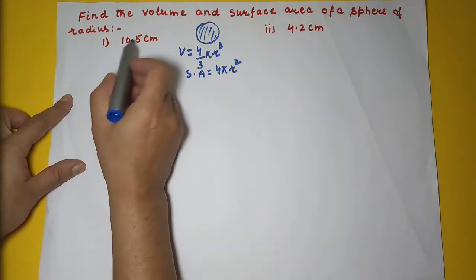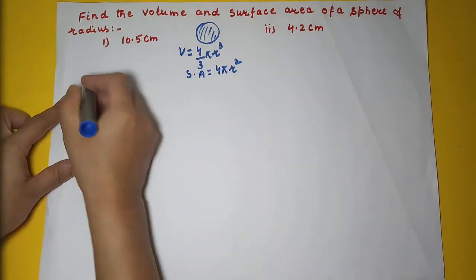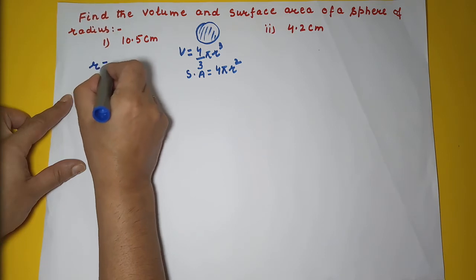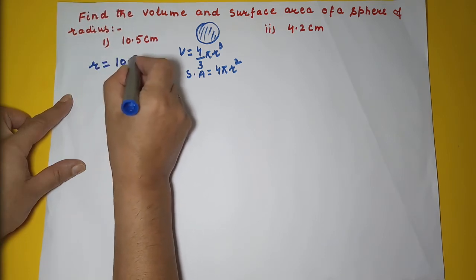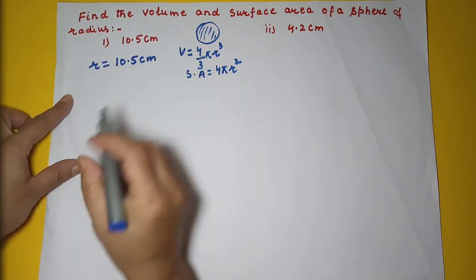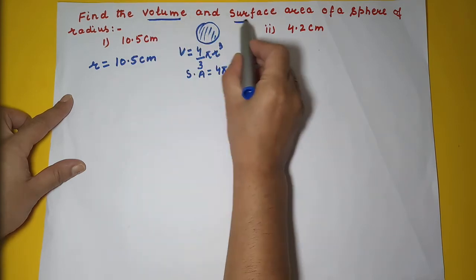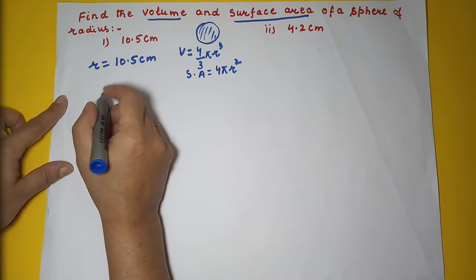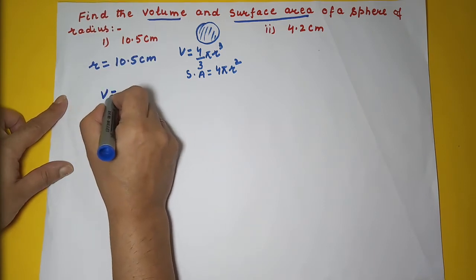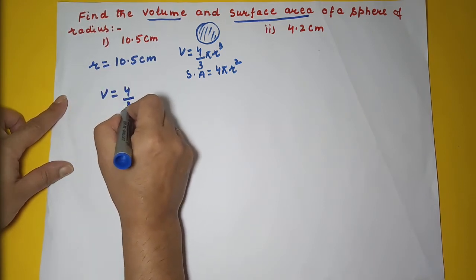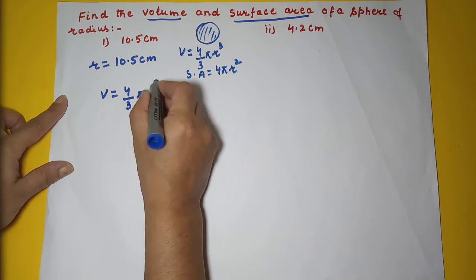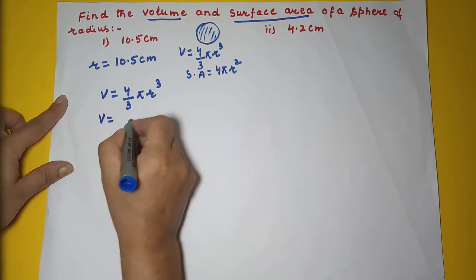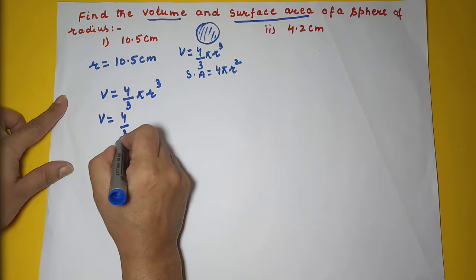Now, the first is 10.5. So r is 10.5 centimeters, and we have to find two things here. One is volume and another is surface area. So simple, we will write the formula first. Volume is equal to 4 by 3 pi r cube. So V is equal to 4 by 3 pi.